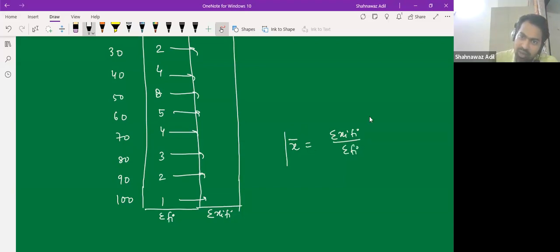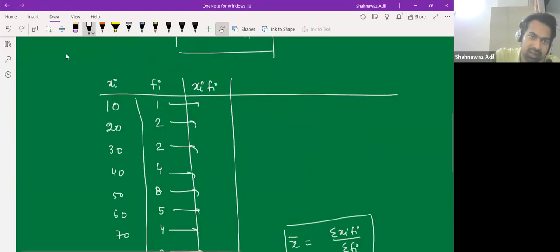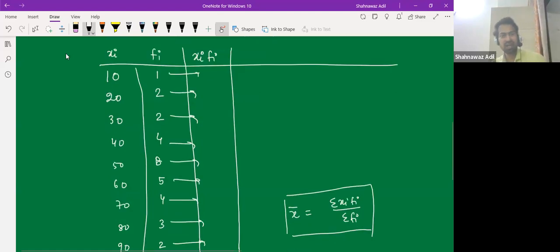But what you can do is make a group of this data. You can specify a range and then make this data shorter. That will help a lot. Understood, everyone?